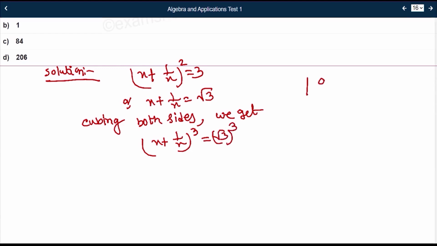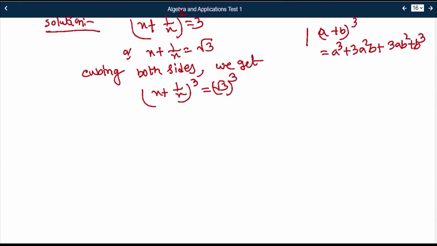Let me remind you of the formula for (a plus b) whole cube. That is a cube plus 3a square b plus 3ab square plus b cube. So x cube plus 1 by x cube.